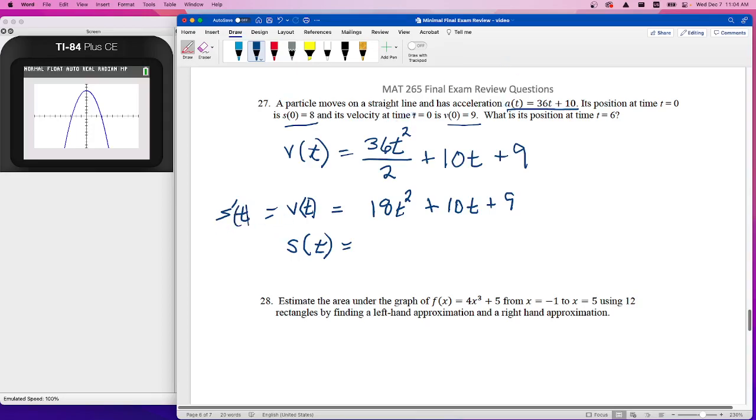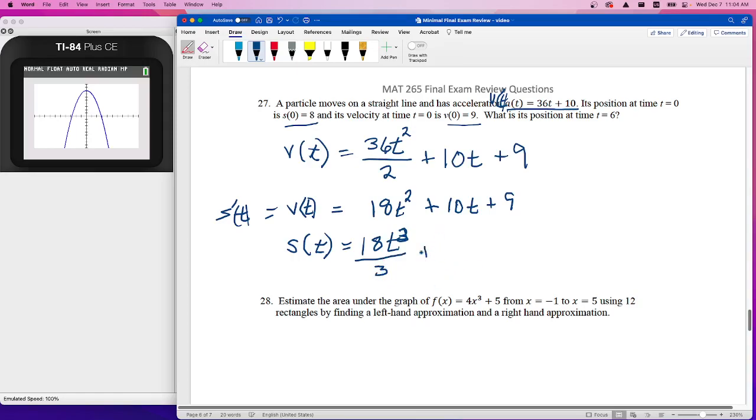And acceleration is the derivative of velocity. So we take the antiderivative. We add 1 to the exponent. We're going to get t to the third. And then we divide by that new exponent. 18 divided by 3 is 6.